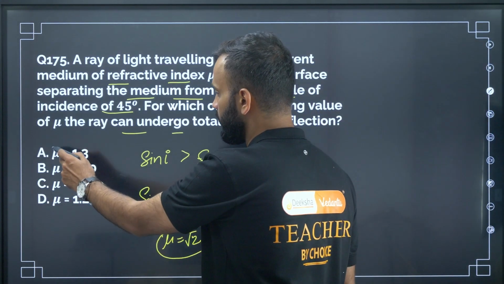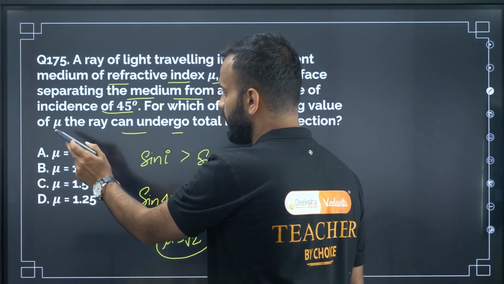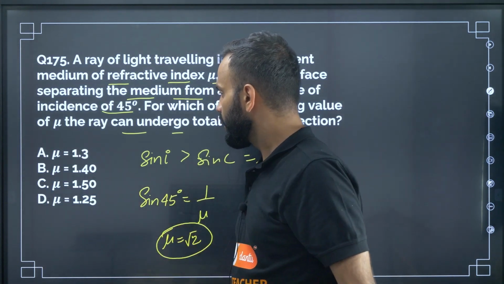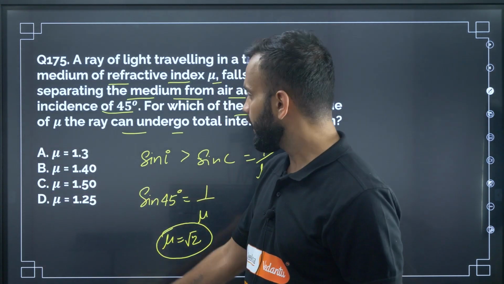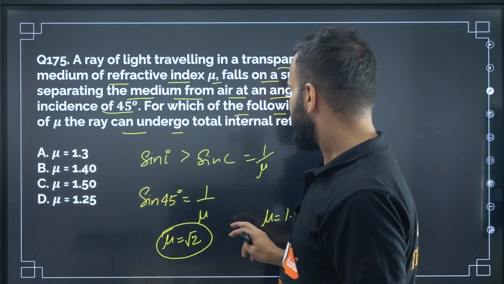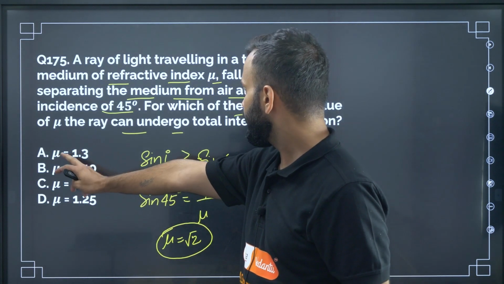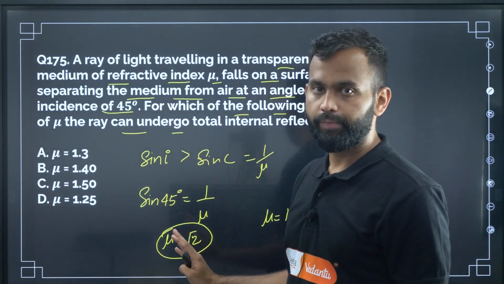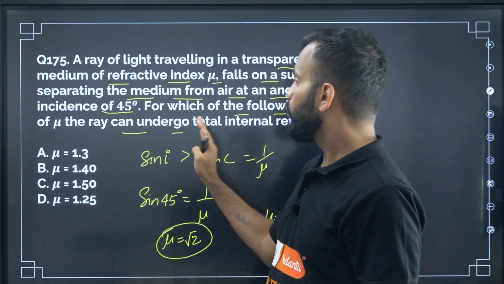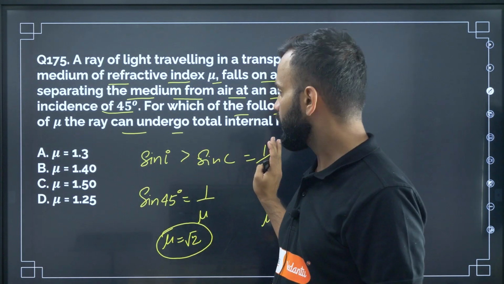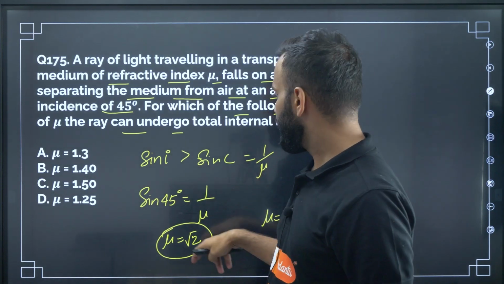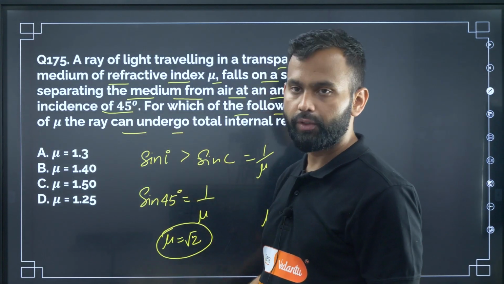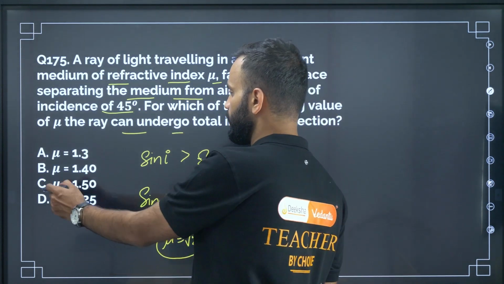Just look at the options A, B and D. Here the refractive indices are 1.3, 1.4 and 1.25, which are lesser than 1.414, right? So the ray does not undergo total internal reflection. When the refractive index is 1.5, it undergoes total internal reflection when the angle of incidence is 45 degree. So the correct option is C.